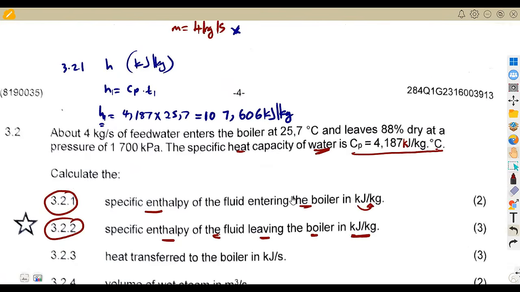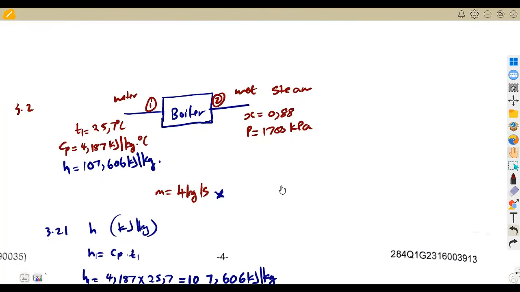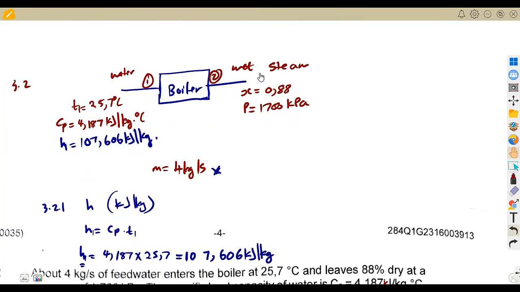So when leaving the boiler, this is where we have the wet steam. So the enthalpy that we are supposed to calculate is the specific enthalpy for the wet steam. So we are simply calculating H wet, all right? So that is H2, which is equal to H wet. How do we calculate H wet?